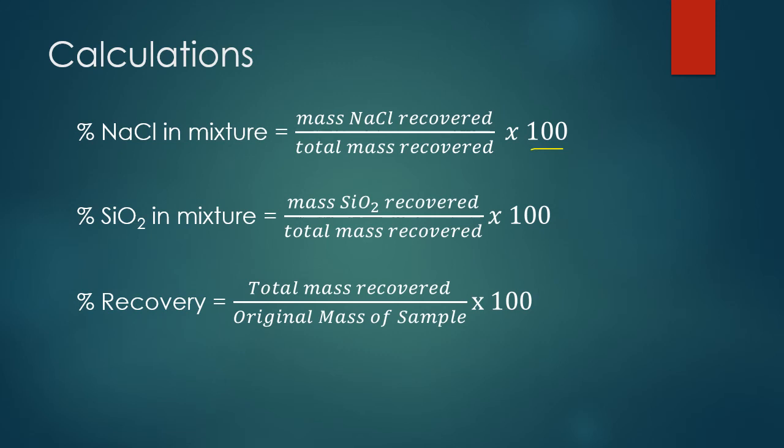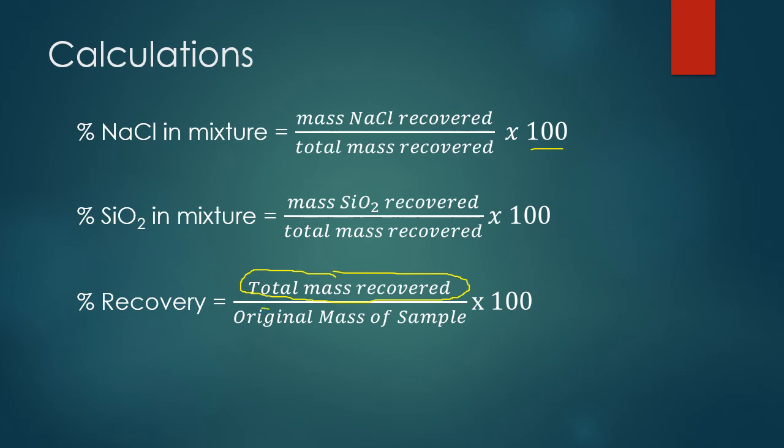Next, you're going to need to calculate the percent recovery. So this is number 3 on page 44. To calculate the percent recovery, you're taking the total mass recovered. So it's the number that you used in the denominator of the previous 2 calculations. So the total mass of the sodium chloride and the silicon dioxide, what you recovered at the end of the experiment.